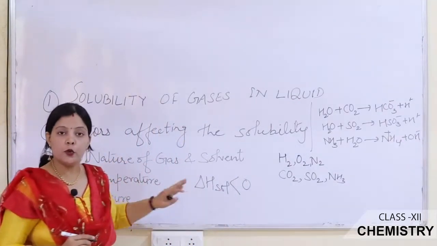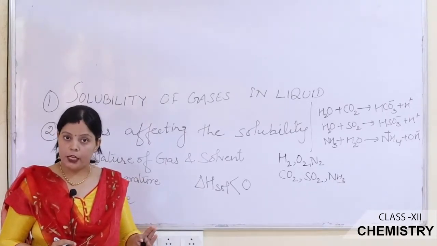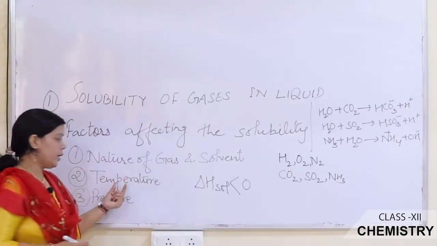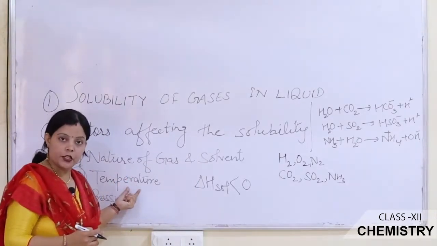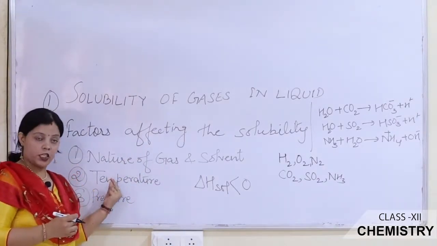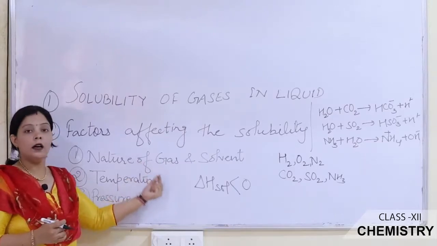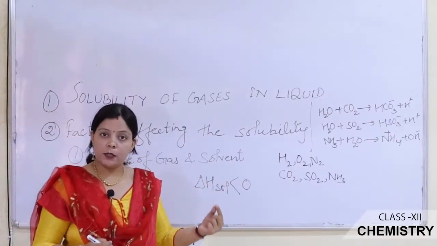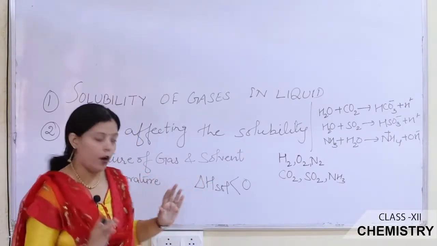The dissolution of a gas in a liquid is therefore an exothermic process, and when we increase the temperature, the reaction proceeds in the backward direction. This decreases the solubility of the gas in the liquid, as the gaseous molecules escape out of the solution and are removed from it.